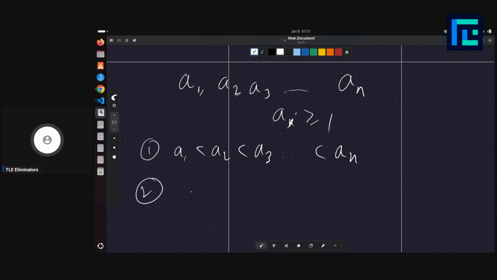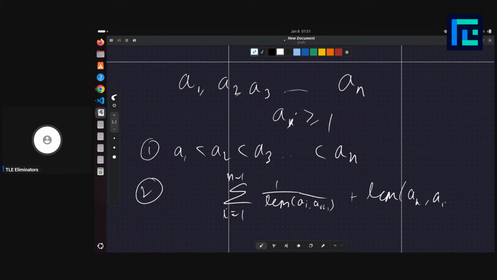And second condition is that 1 upon LCM, basically I'll use summation notation, summation from I equal to 1 to n minus 1 of 1 upon LCM of AI comma AI plus 1, plus 1 upon LCM of AN comma A1 should be greater than equal to 1.